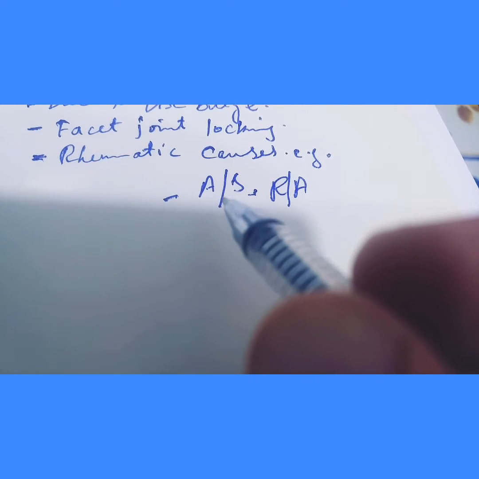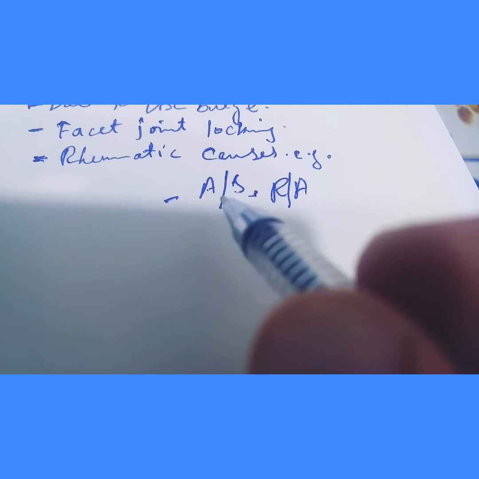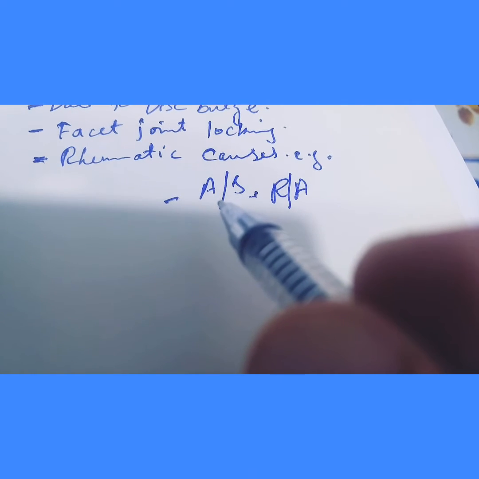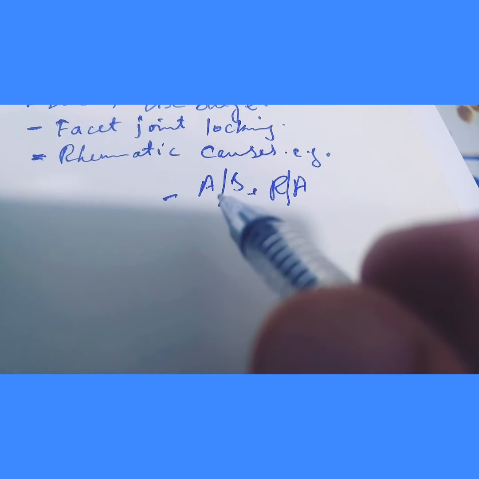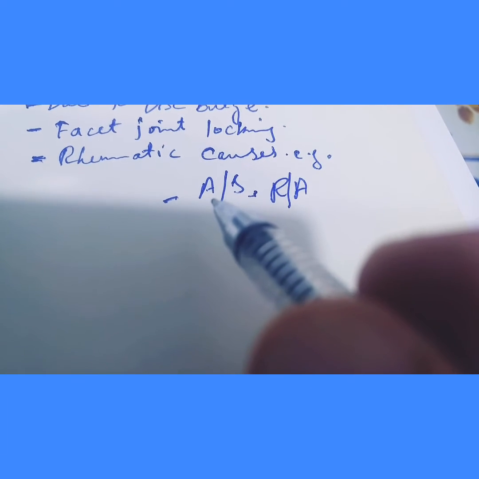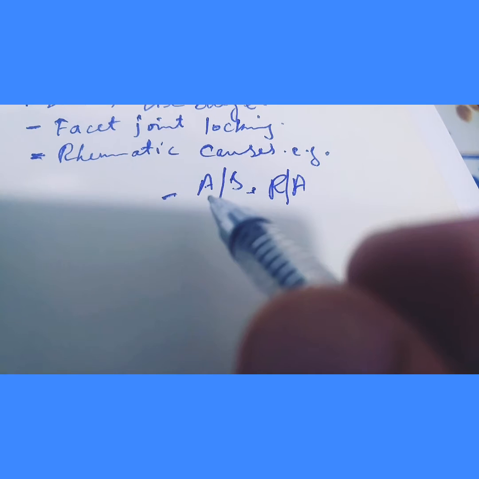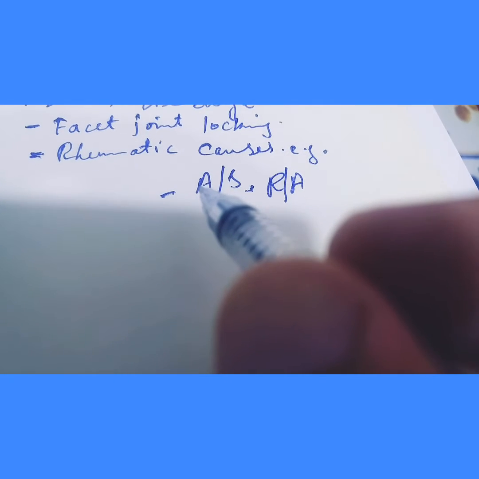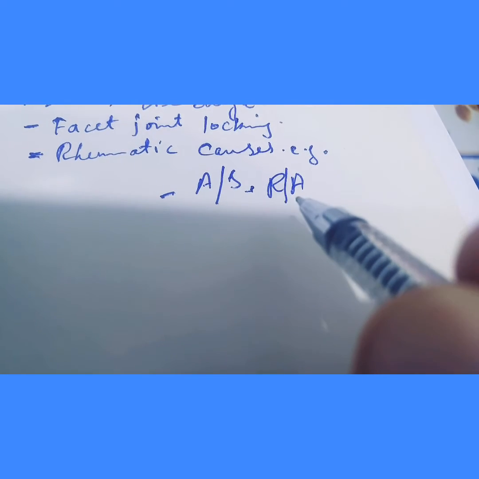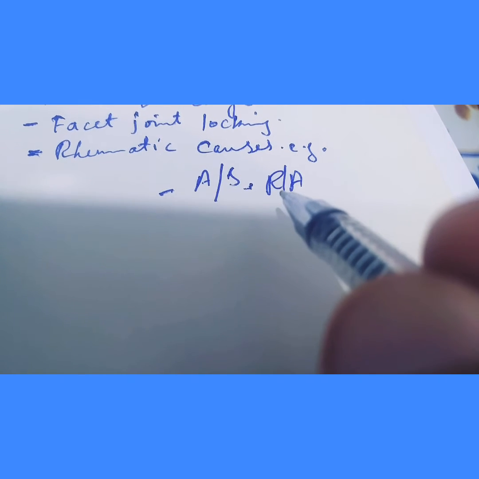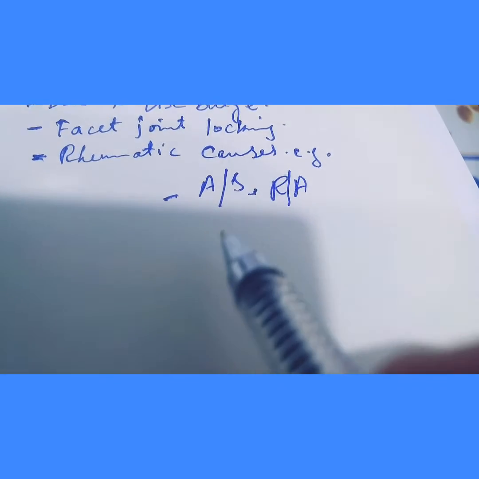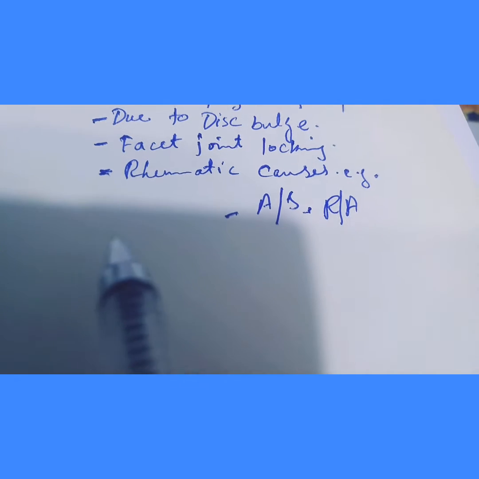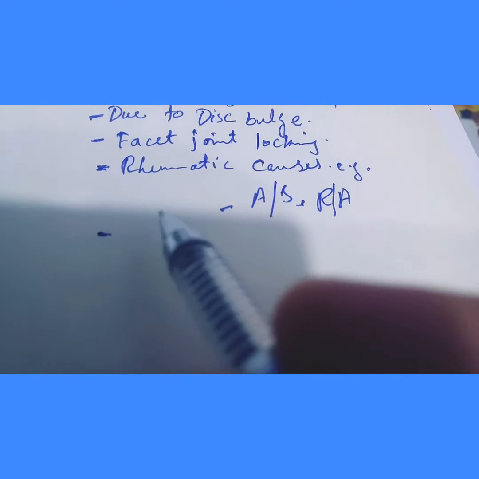Ankylosing spondylitis is a seronegative spondyloarthropathy, in which the RA picture is absent, but the cause of the problem is mainly a rheumatic, autoimmune disorder. And RA is rheumatoid arthritis, in which the RA picture is positive.